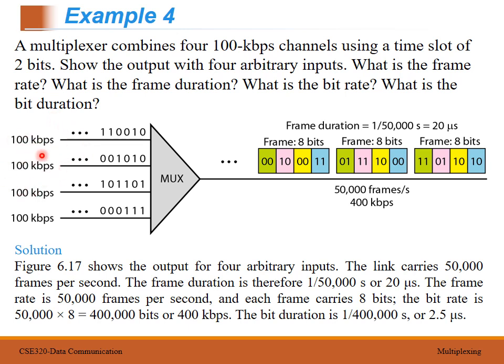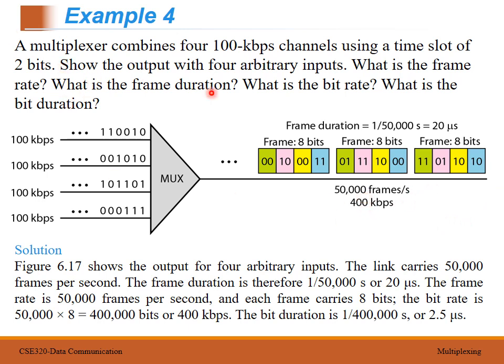Here the input bit rate is 100 kbps. We are multiplexing 2 bits at a time, so we have to divide this 100 by 2. So the input rate will be 50 kbps. So the frame rate will be 50,000 frames per second.